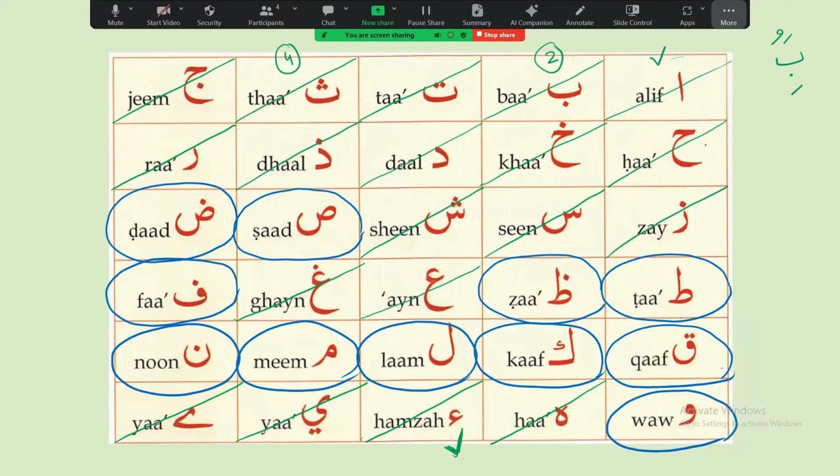The sixth one here is the ha letter, which is one of the six letters of the throat. Ha. I mentioned that this is a bit more airy than the H of English. Not the same. And then the next one here is kha, with the scratch. Kha.